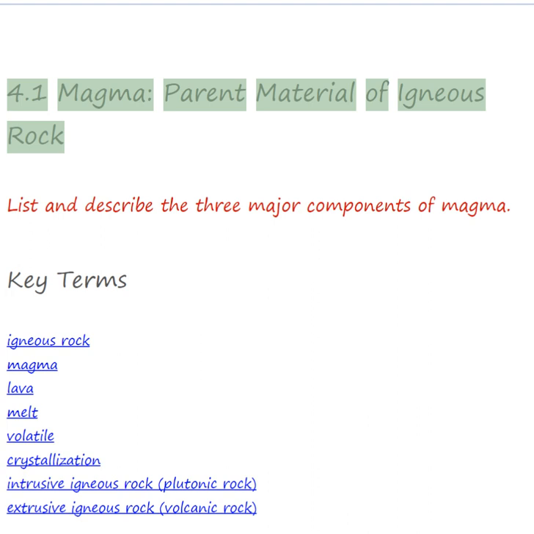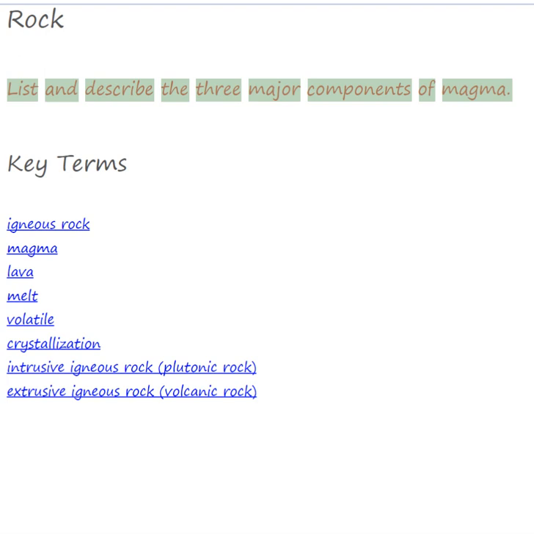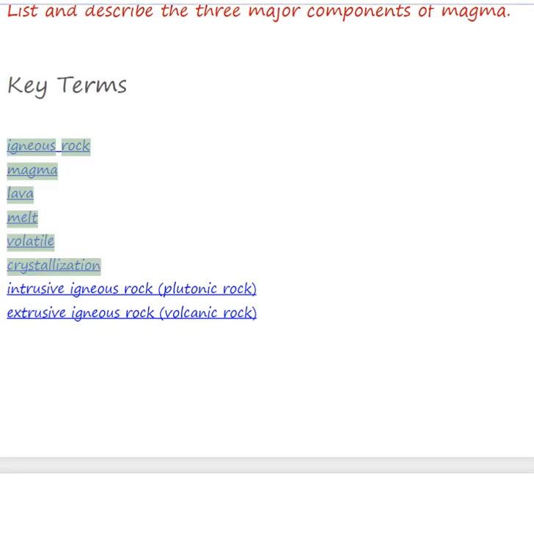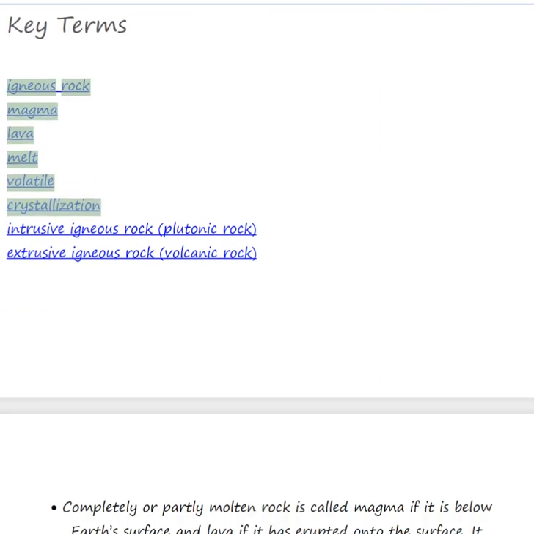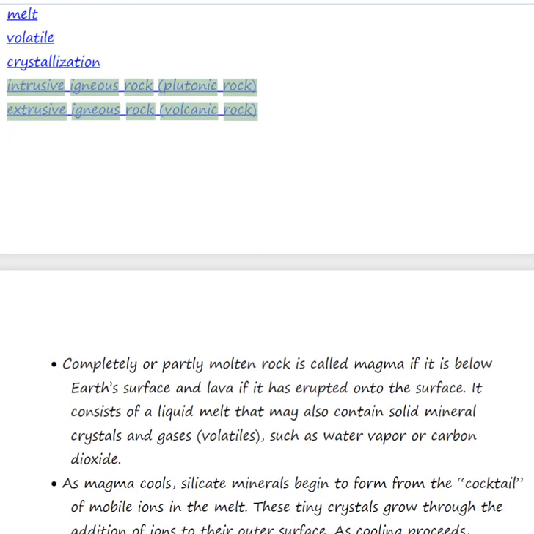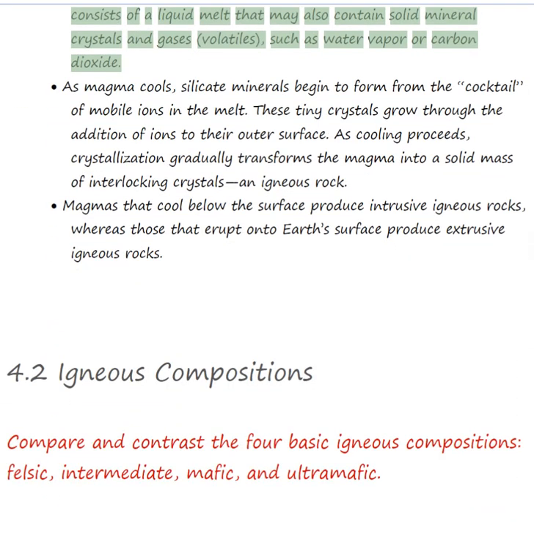4.1 Magma, parent material of igneous rock. List and describe the three major components of magma. Key terms: igneous rock, magma, lava, melt, volatile, crystallization, intrusive igneous rock, extrusive igneous rock. Completely or partly molten rock is called magma if it is below Earth's surface, and lava if it has erupted onto the surface. It consists of a liquid melt that may also contain solid mineral crystals and gases, such as water vapor or carbon dioxide.